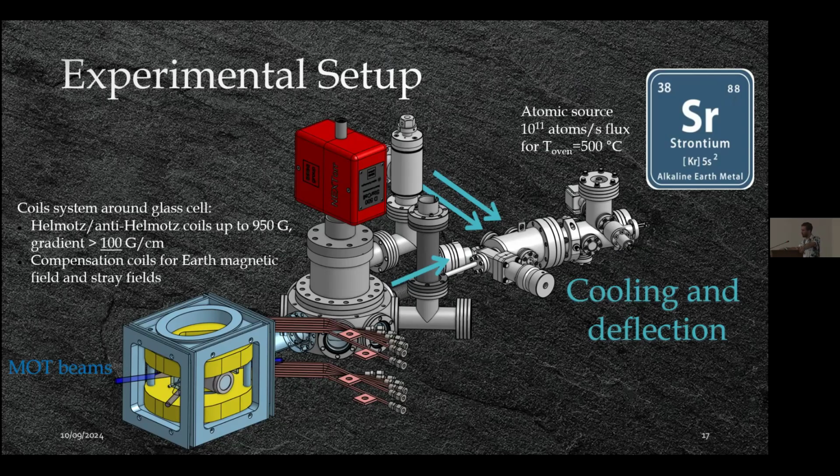With these water-cooled coils, we can reach a gradient of about 100 Gauss per centimeter. And if we want to exploit the clock transition and to control it the best, we also need a Helmholtz configuration that will get up to almost 1000 Gauss.